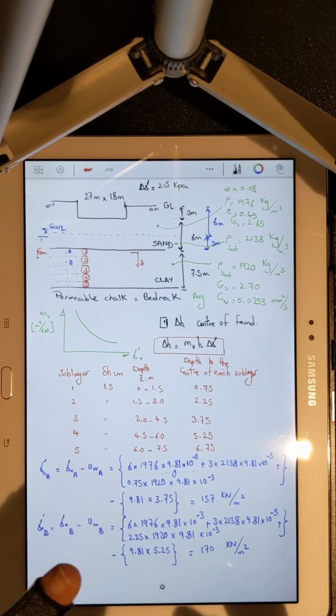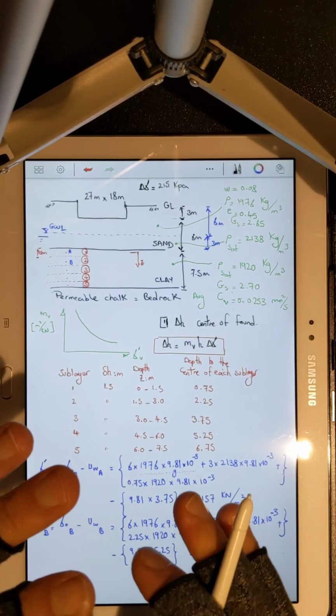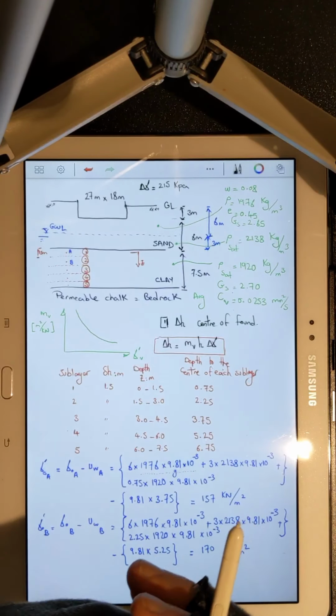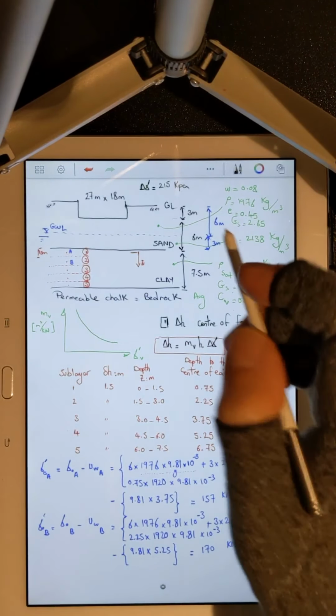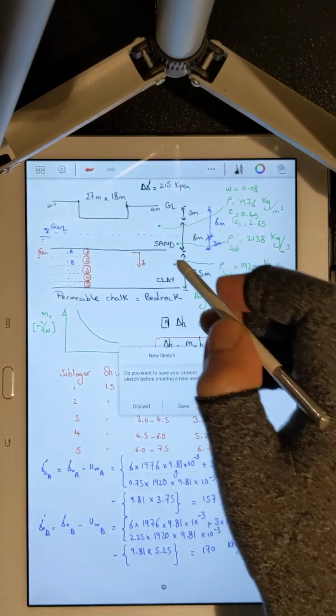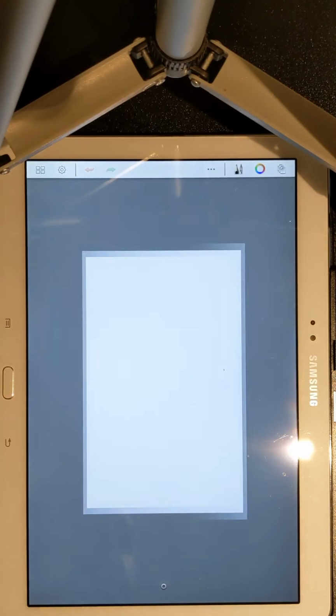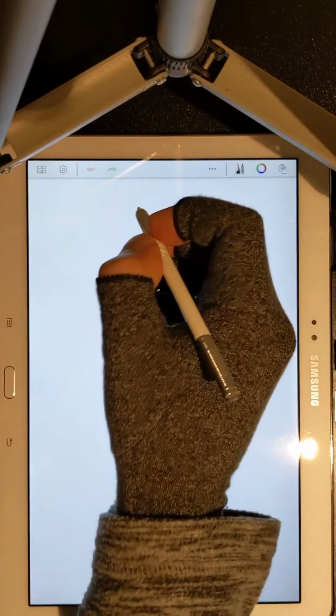Now, in addition to the initial effective stress, what you need to do is to determine the change in effective stress in the middle of each sublayer. So let's see how that works. I have a rectangular raft foundation.